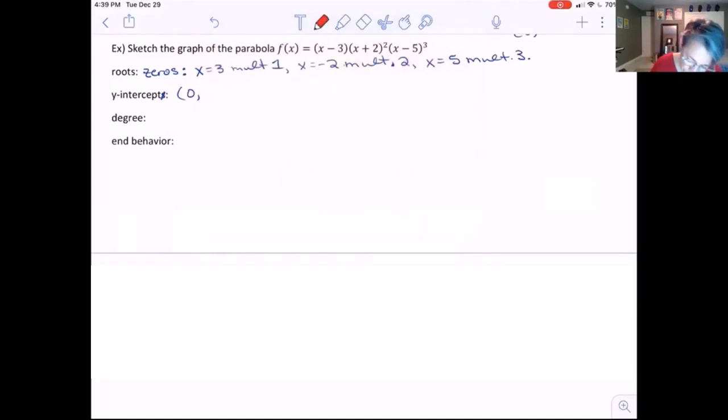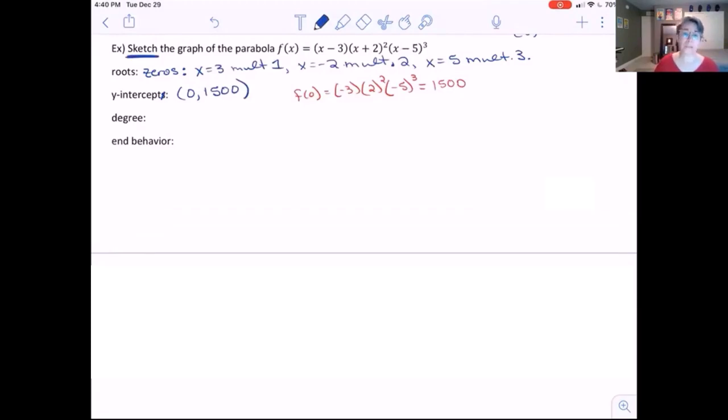If we plugged in 0, f of 0, we would get -3 times 2 squared times -5 cubed. And that would give us 1,500 for our y. I know it seems awfully large, but again, we are sketching the graph.